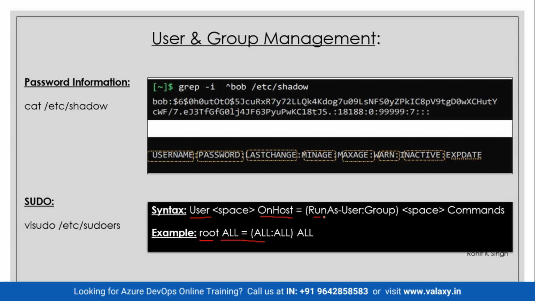Then the user to run as, which user you want to run as, and which group, ALL. And if there is any specific command you want to allow him, there is a chance that you don't want to give all the root privileges. You just want to allow him shutdown and restart privilege. So that command will come over here.